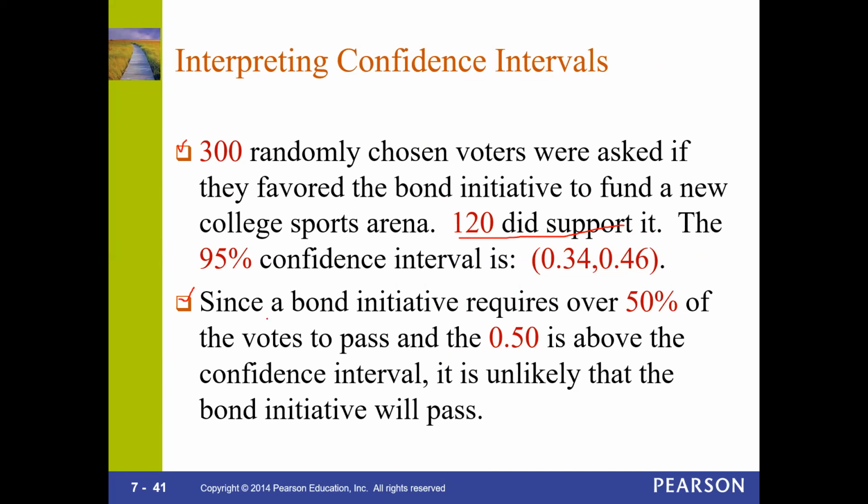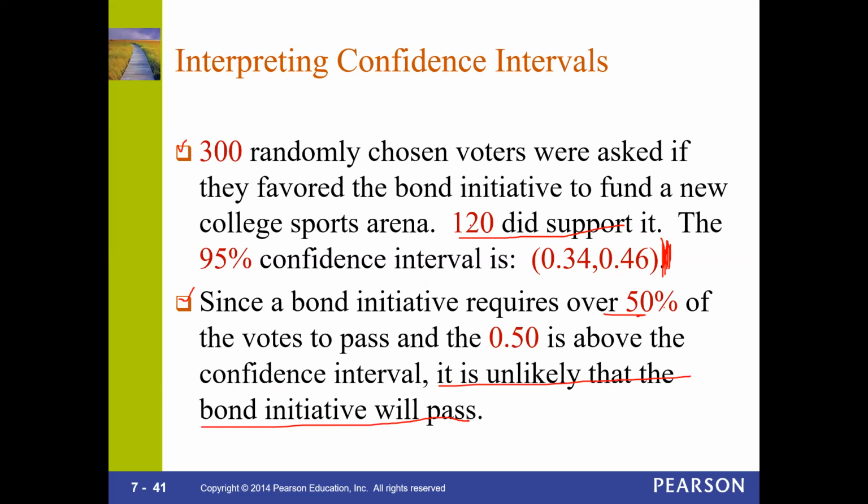As you can see, this interval is way below 50%, because the highest value is 46%. So since 0.5 is above the confidence interval, it is unlikely that the bond initiative will pass.